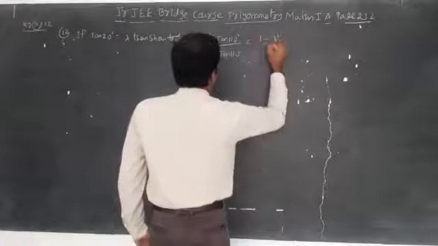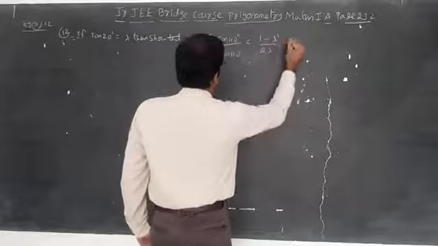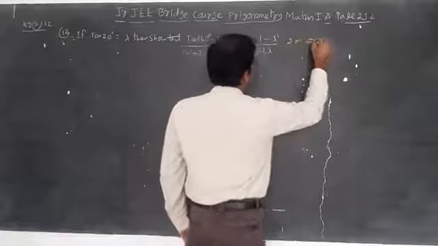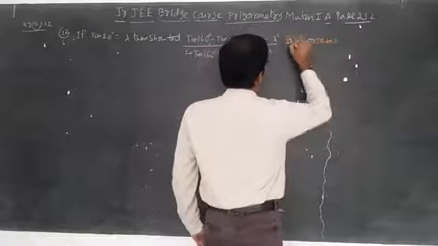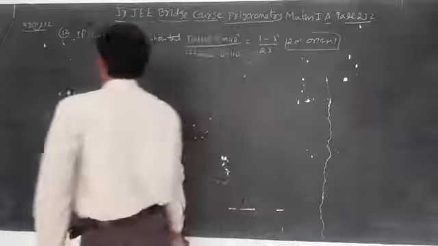This is the proof, 1 minus lambda square by 2 lambda. This is 2 marks or 4 marks. In any way you can give.